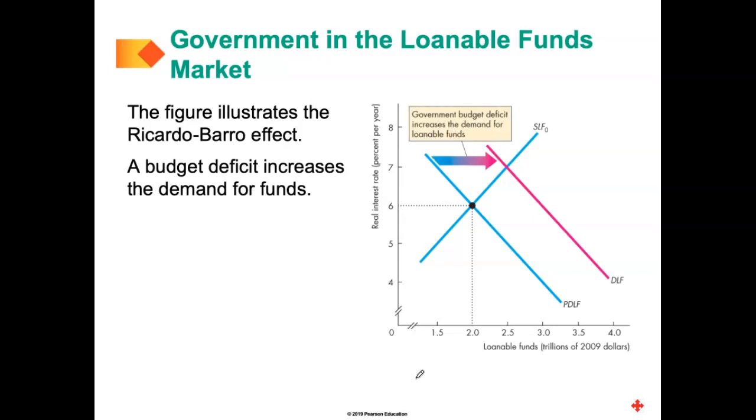If the budget deficit happens, yes, the demand for loanable funds here will shift out, but remember, we live in a country where people pay taxes. So if people know that the government is running a budget deficit, they know that eventually the government will like to close that deficit and in the future will increase taxes.